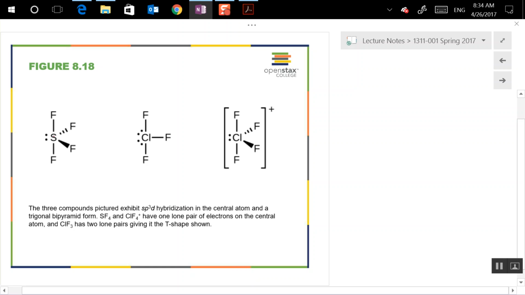Okay, now look at this sulfur. This might be a little trickier, but what is its hybridization? Count the number of bonds and lone pairs. How many sigma bonds do I have?